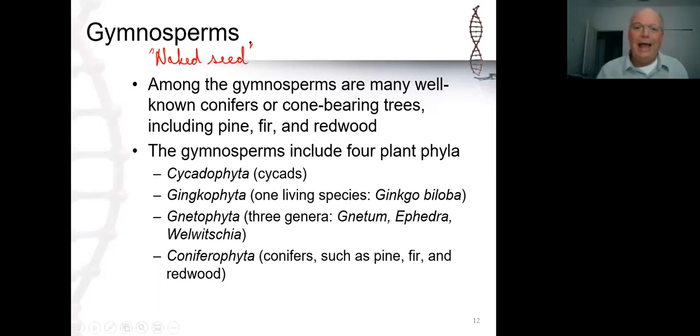And what is meant by that is that the ovule is exposed. Its only protection is the integument. So it's kind of exposed to the environment.